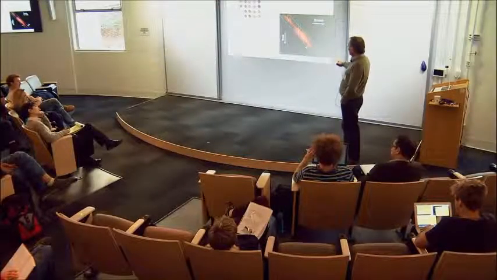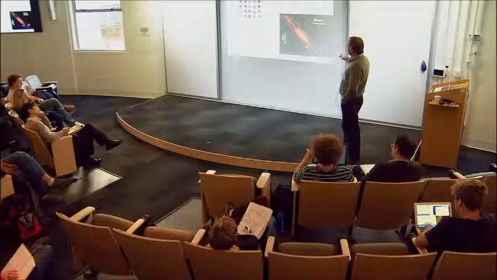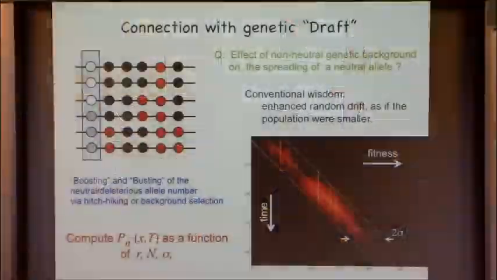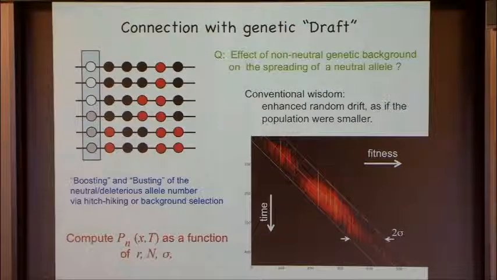And it's just that in order to describe draft, we want to actually calculate the probability of a given allele to rise in number to any given n, as opposed to just the probability of it going extinct.